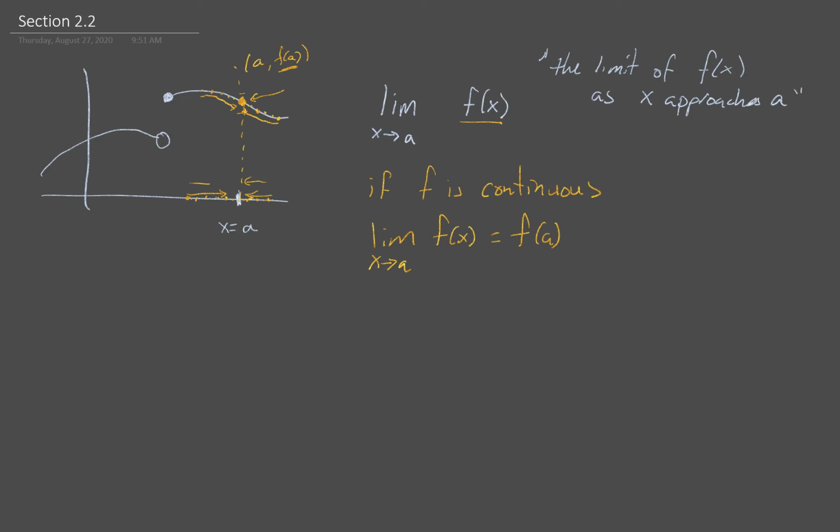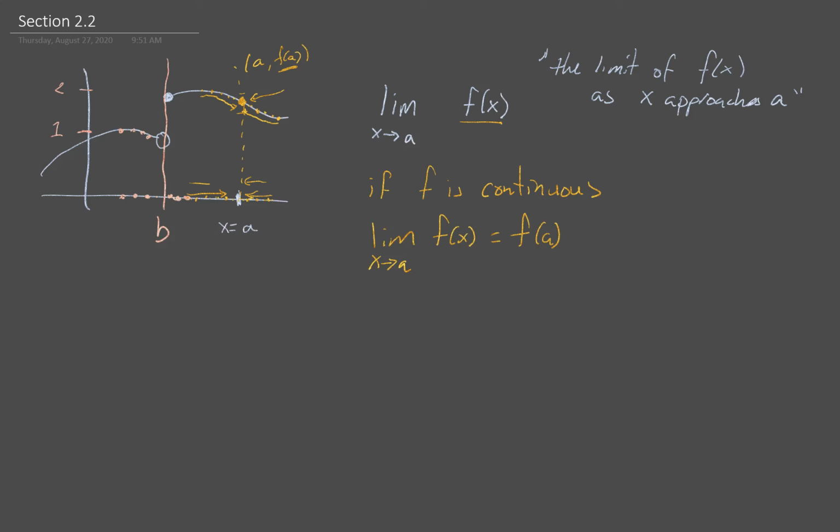Okay, let's look at this other point on the graph, at b. If x values get closer and closer to b, I want to know what the outputs of the graph are doing. So here the output, let's say this is at 1, and this is up here at 2.